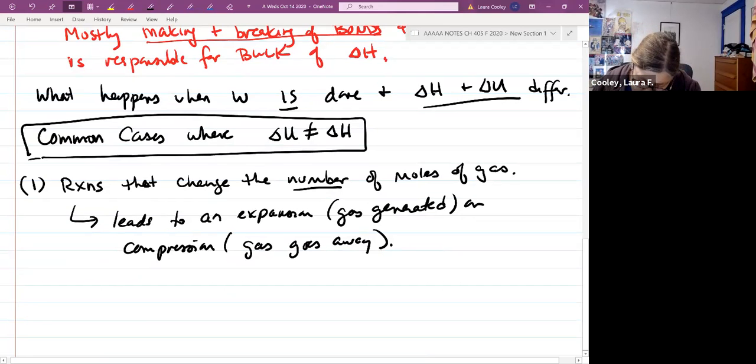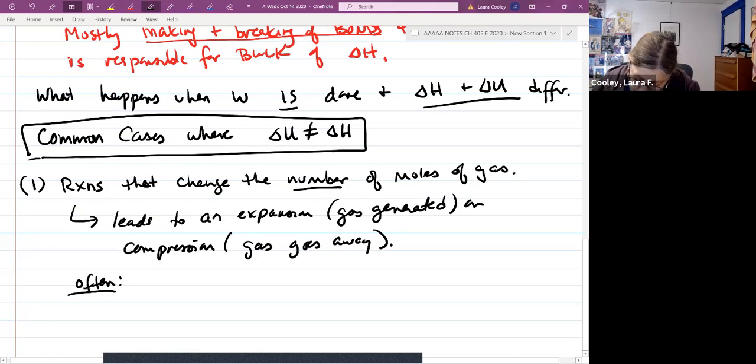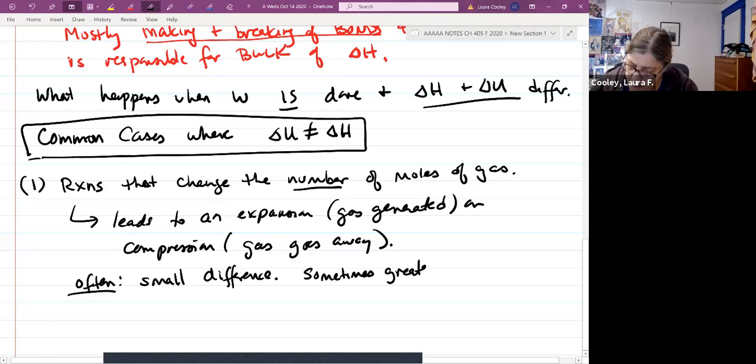So often this ends up being a small difference. But if you have a reaction where you're generating a ton of gas, like when TNT explodes, I'm sure there's a much bigger difference there because you generate many moles of gas. But sometimes it's a greater influence.